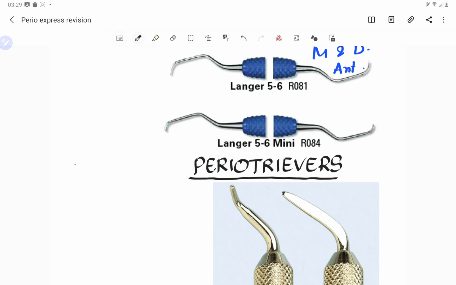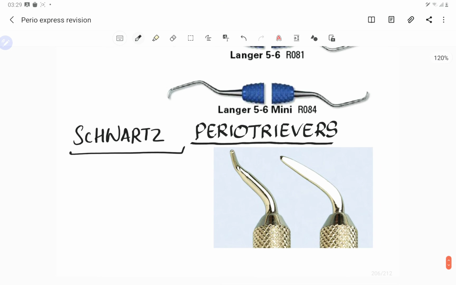Next, guys, we have the Schwartz periotriever. So periotrievers, as you can see, the name itself: perio means it is a periodontal instrument, trievers means it is going to retrieve.